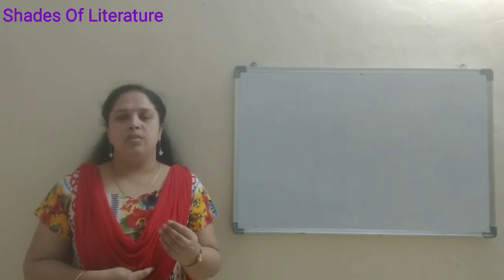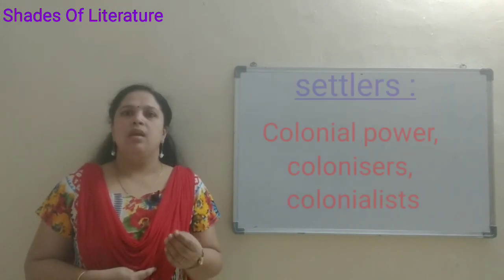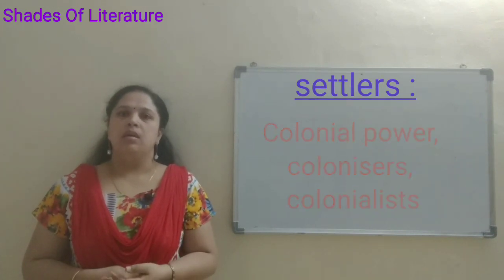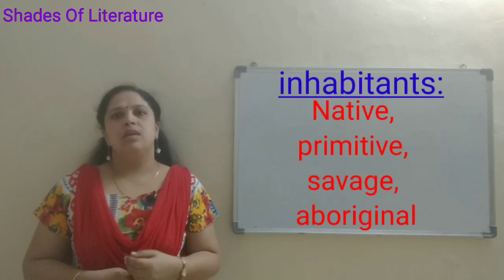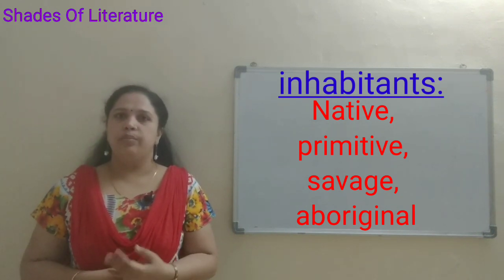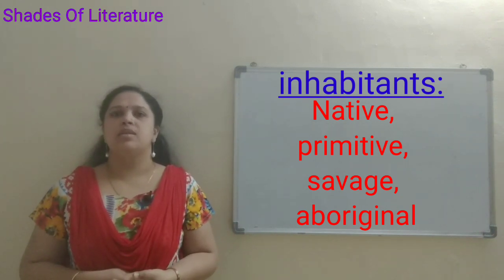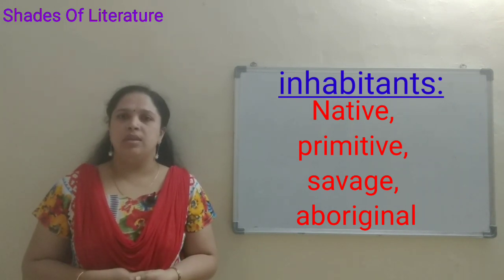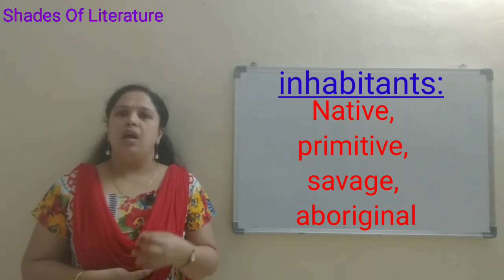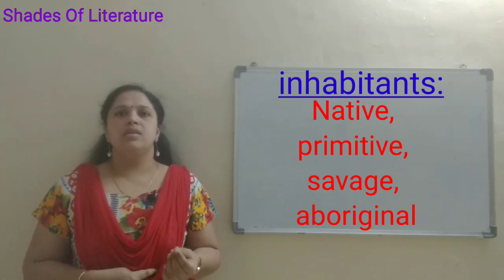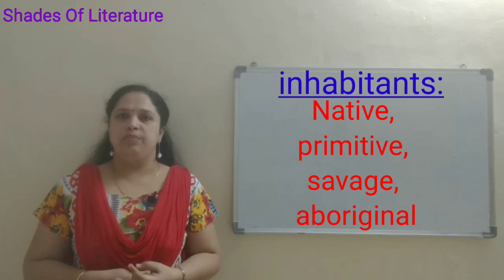Such terminologies are, for settlers, colonial powers, colonisers, and for inhabitants we use terms such as natives, savage, primitive, barbarians. Also we use indigenous people, aboriginals. All these terms are used to address inhabitants or the native people.